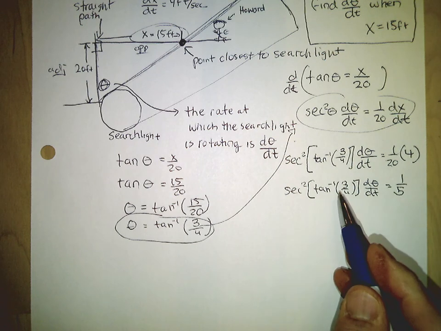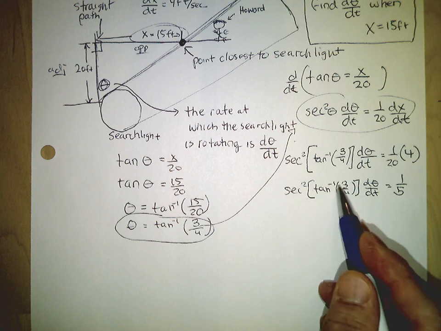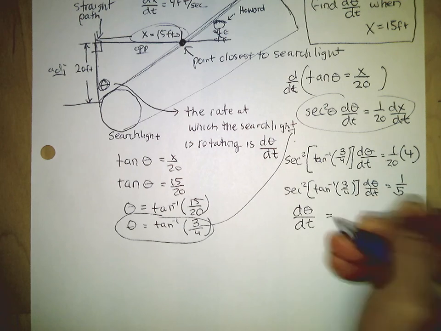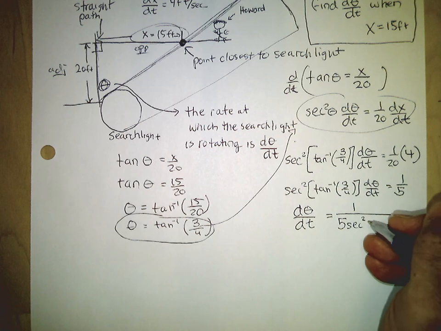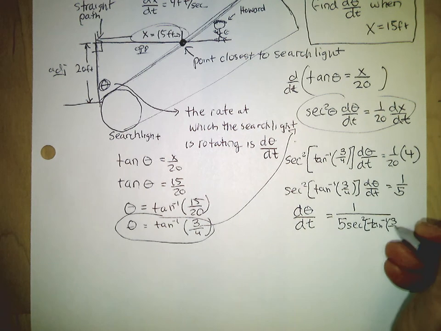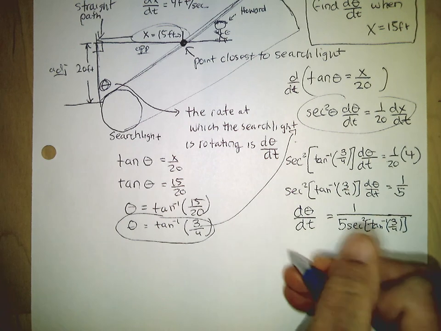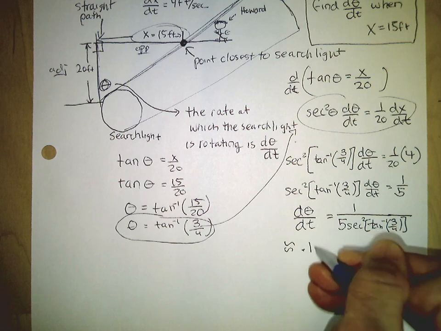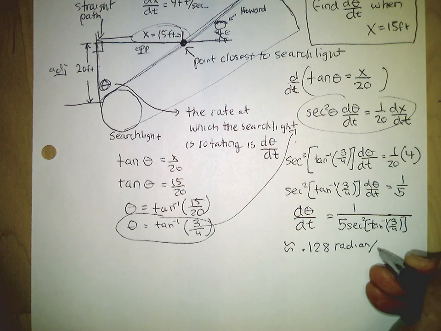And then I just divide by secant squared of the tangent inverse of 3 over 4. So d theta dt is 1 over 5 secant squared of the tangent inverse of 3 over 4. And then using a calculator, this is about 0.128 radians per second.